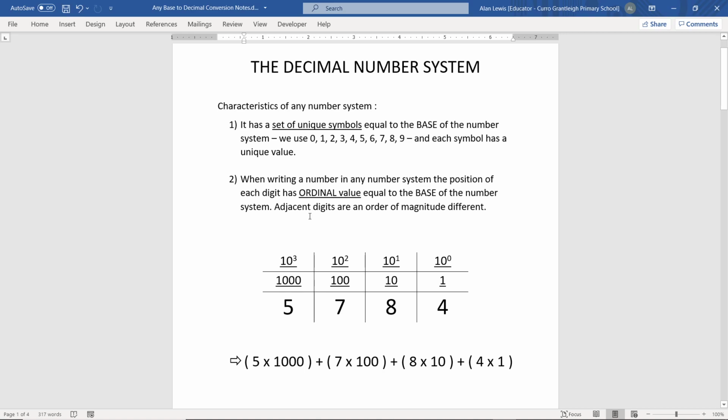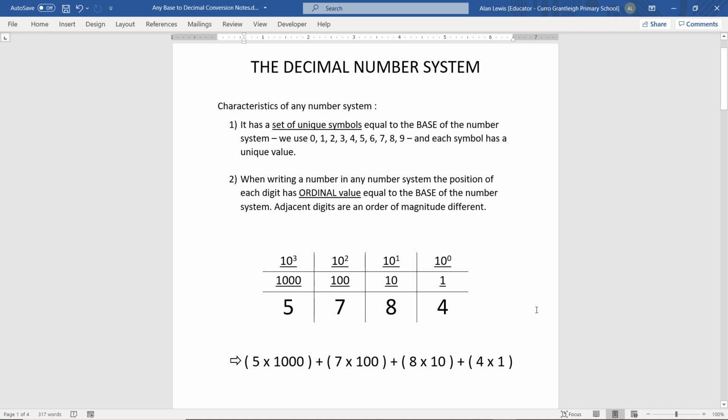So each adjacent digit is, we call it an order of magnitude different. So that is the characteristic of a number system. So let's just take, for example, this is just some random number that I just thought up, the number 5,784.